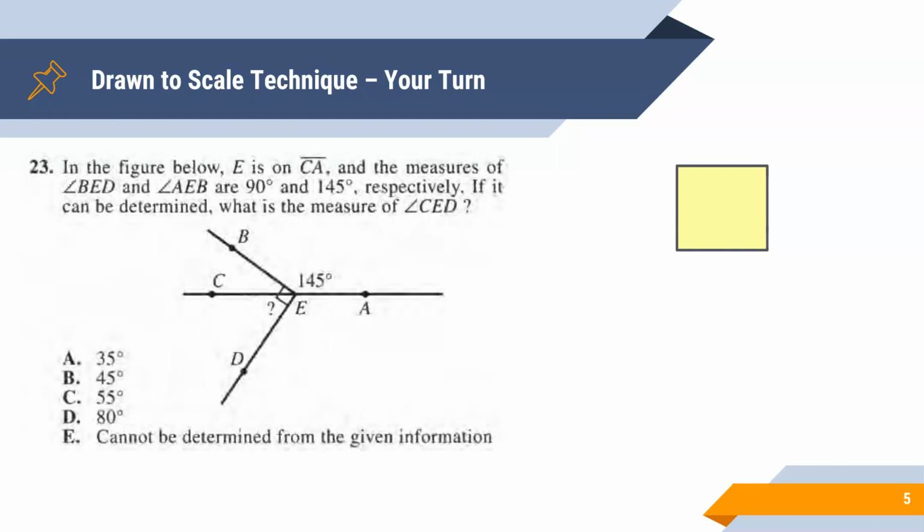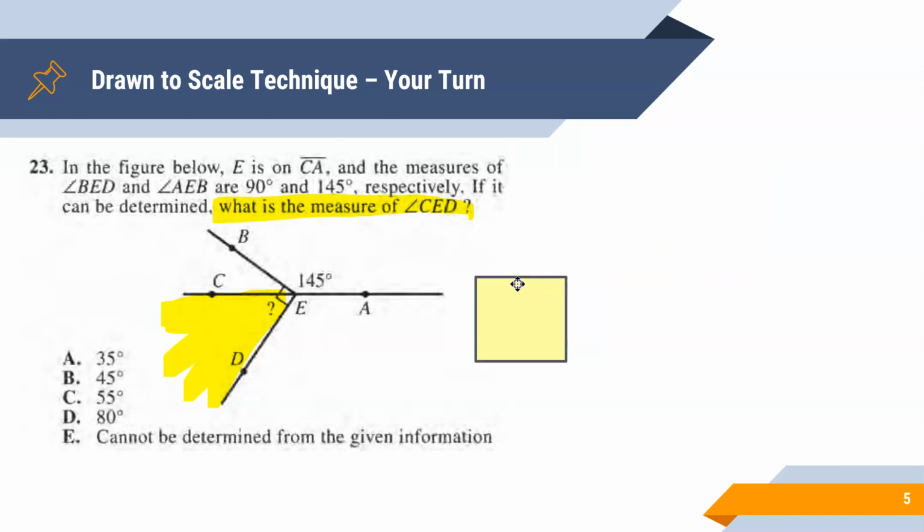Okay, well, for this question, there's the question mark. We want to go backwards. We want to figure out what this angle is right here. Now, again, I'm going to do the drawn to scale idea and take my piece of paper, put it right on the angle, and I can tell that this angle is definitely larger than 45 degrees.